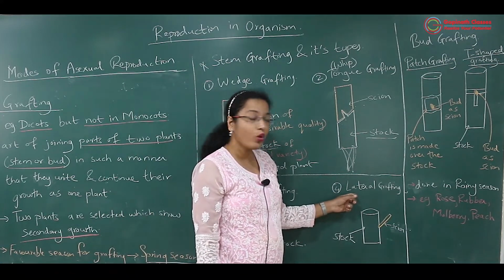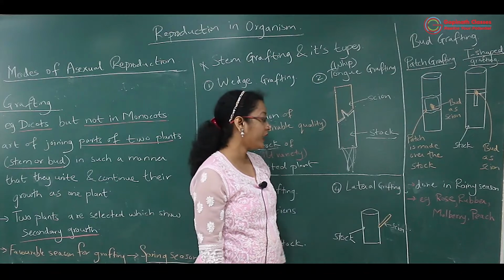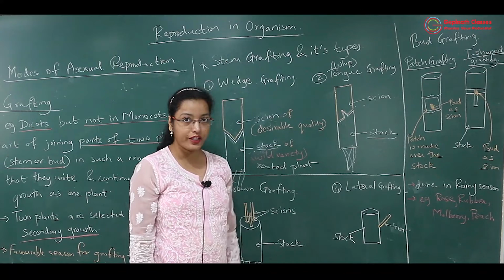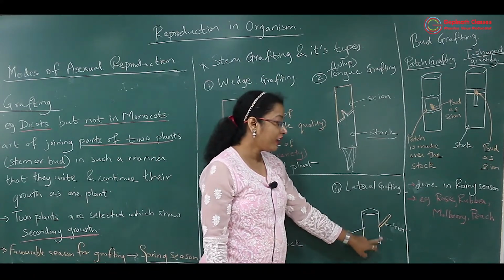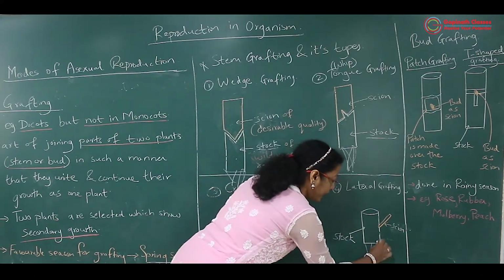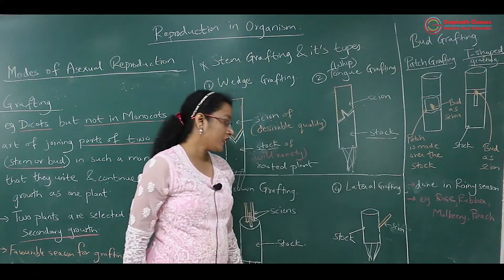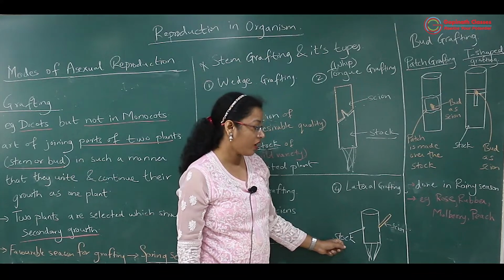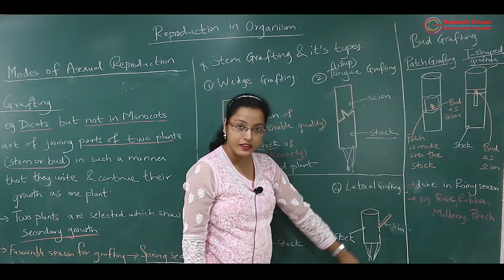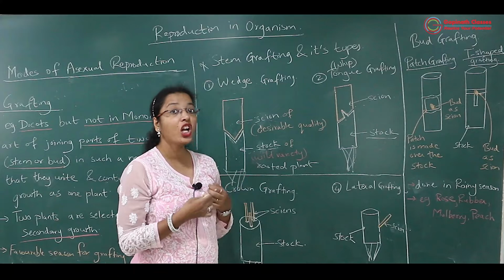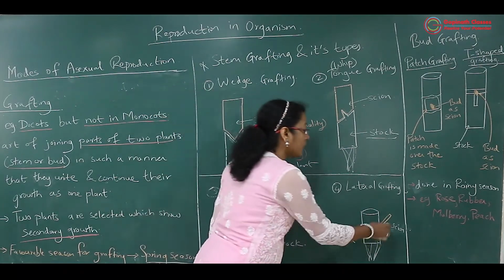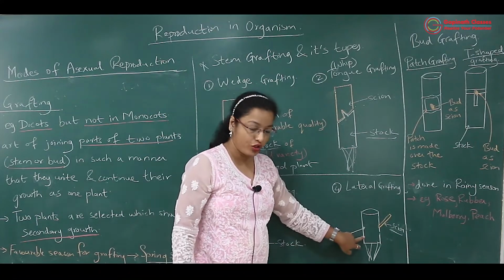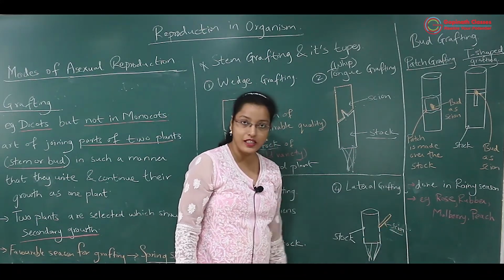Then the fourth type of stem grafting is lateral grafting. In lateral grafting, what is done? This is the rooted plant stem, and the rooted plant stem is known as the stalk, and on the lateral side of the rooted plant stem a notch is made, and over the notch another plant stem is attached, that is, the scion is attached laterally.